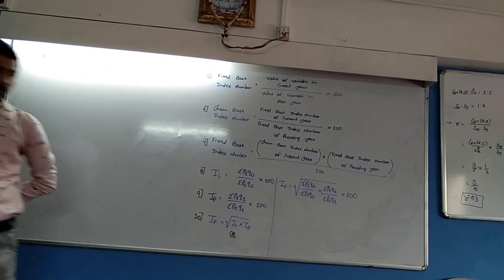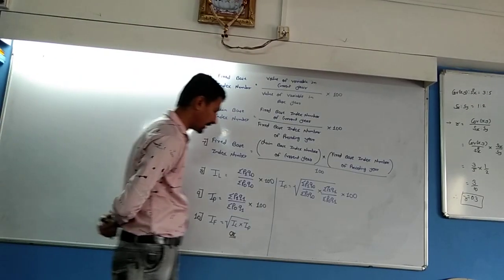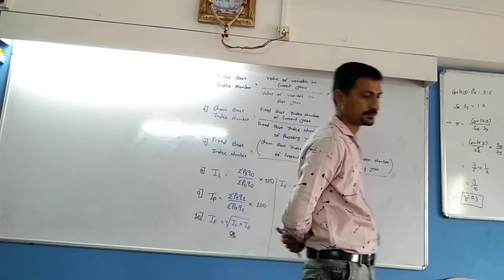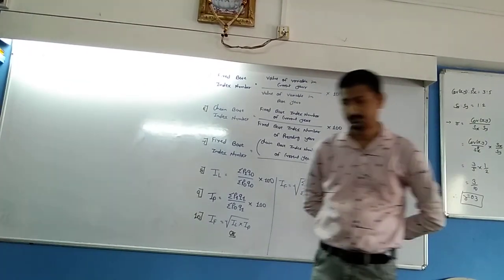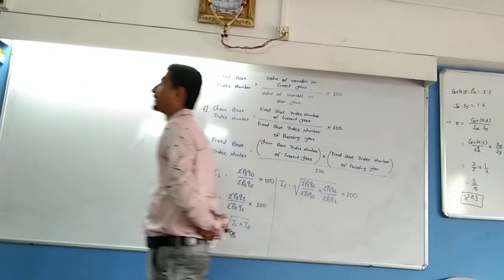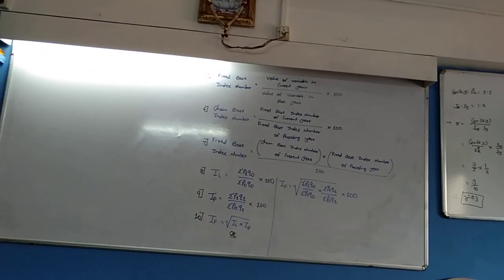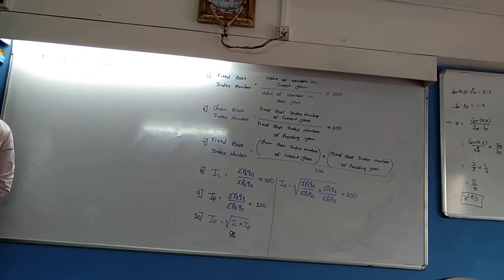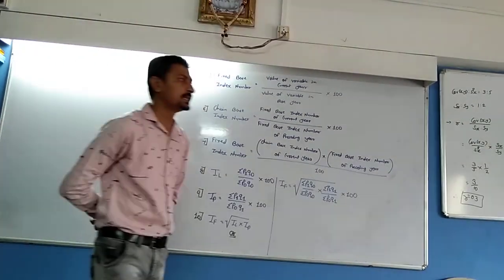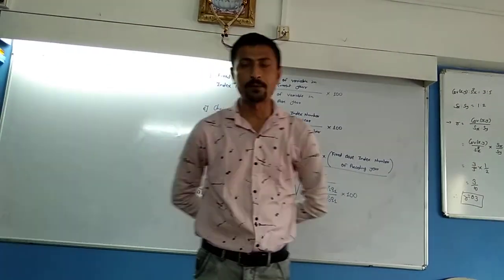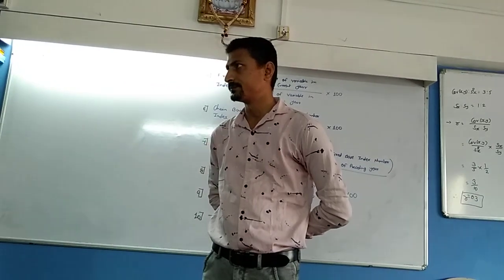Write down 1000 grams is equal to 1 kilogram. Okay, next.